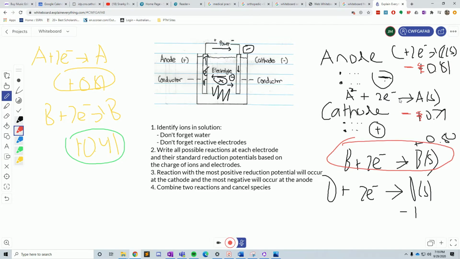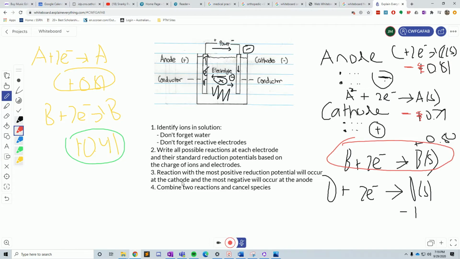And so taking into account that flipping happens at the anode because it's oxidation, and not at the cathode, and taking into account our rule that the most positive potential will want to occur, and when you're flipping it you change the sign of the potential, we come to the third rule as stated.